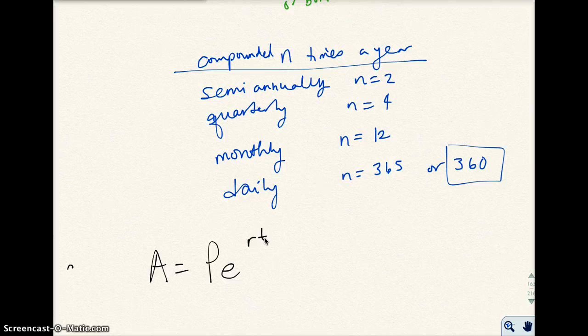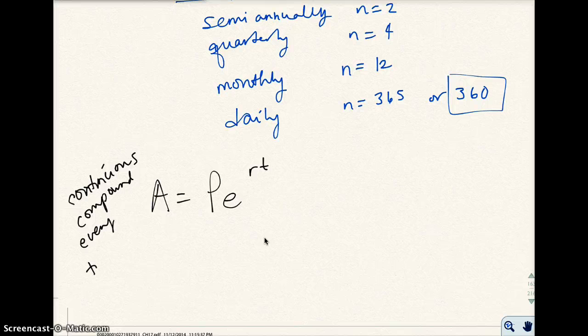This is continuous compounding. Every millionth or trillionth of a second. Again, computers will do that for you. And some people think, well, if you're constantly compounding every trillionth second, you might make more money this way. And that's not necessarily true. So we'll look at some examples in just the next part.